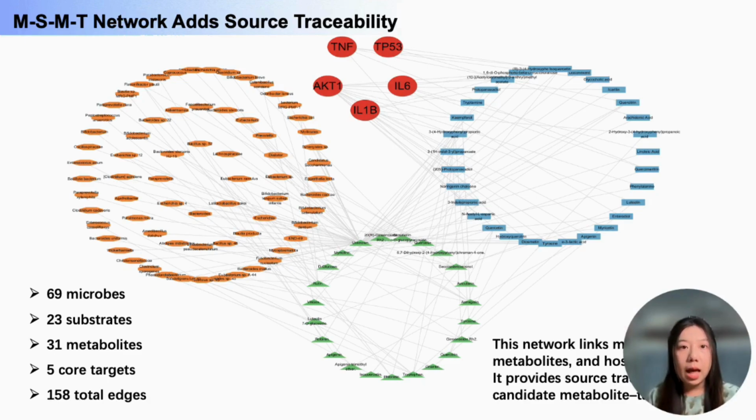It also made the results more useful for future experiments. For example, researchers can examine microbiome producers, substrate availability, metabolite levels, and target responses. So the MSMT network connected prediction results with possible biology follow-up.